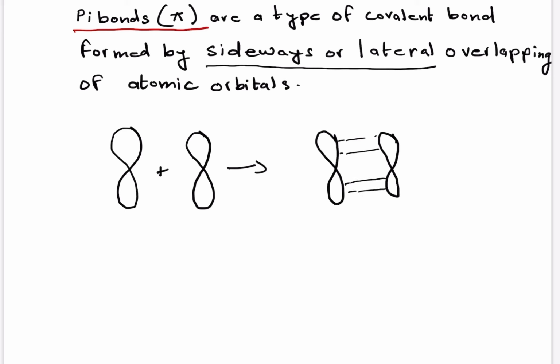So a pi bond is a type of covalent bond formed by sideways or lateral overlapping of atomic orbitals, and as a result we can write down the electron density. What does this lead to?